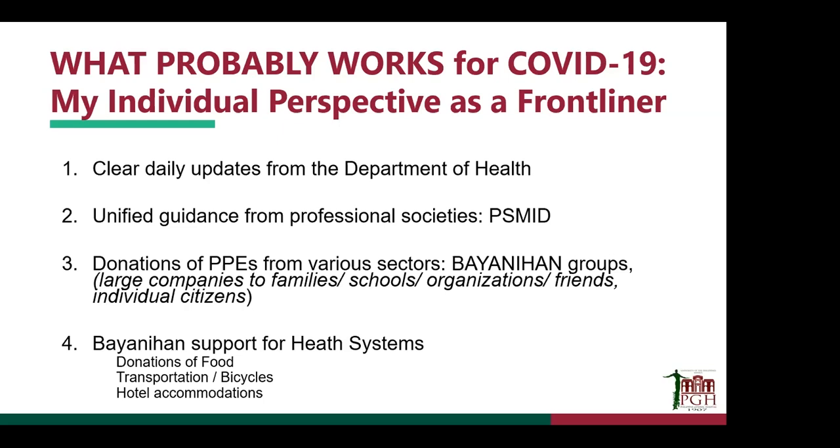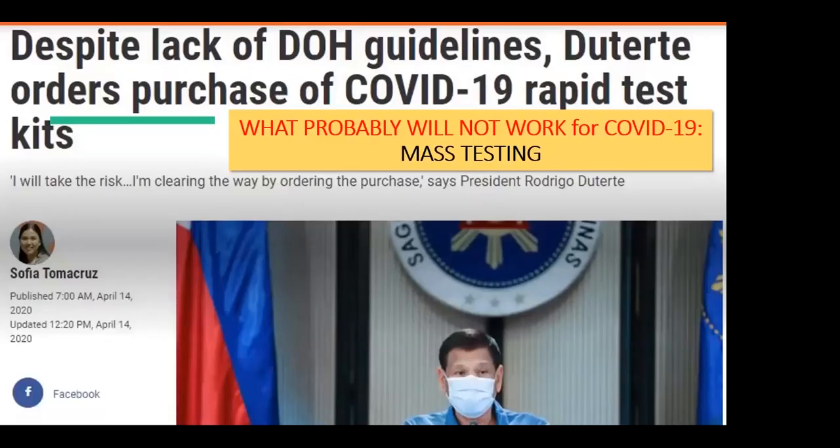They also have been able to provide transportation because the public transportation is not in operation. So there's like donations of buses, drivers, bicycles, all allowing health frontliners to come into work. And of course, hotel accommodations for the frontliners because they couldn't go home anymore.